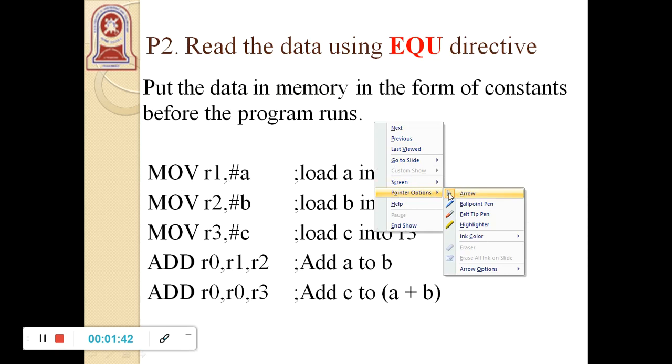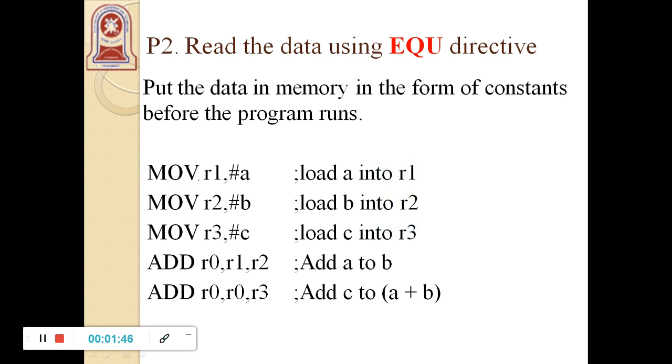let me take a pointer here. In the previous code, if you remember properly, this was directly 2, this was directly the value 3, and this was directly the value 5, right?